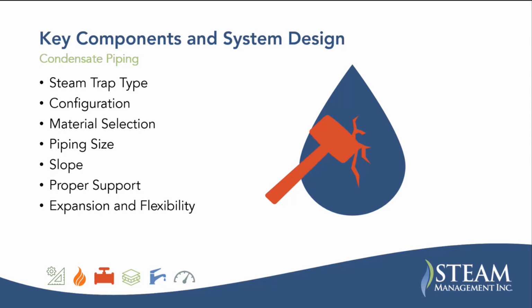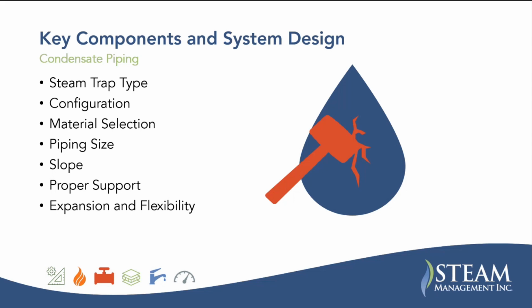Configuration, you have to account for that flash steam. You're looking at fluid velocity, and you're looking to make sure that any joints, like for trap discharge lines into the common header, are properly configured so that you're avoiding any steam or water hammer conditions.